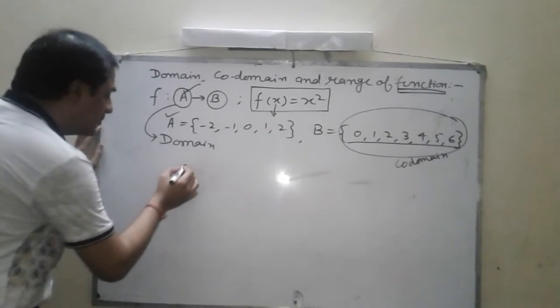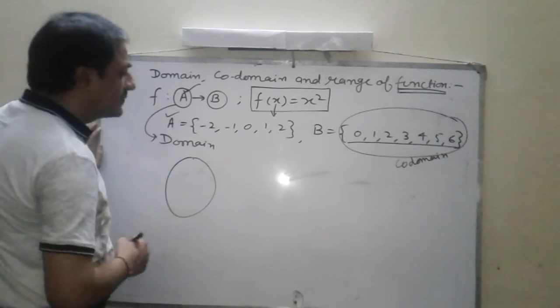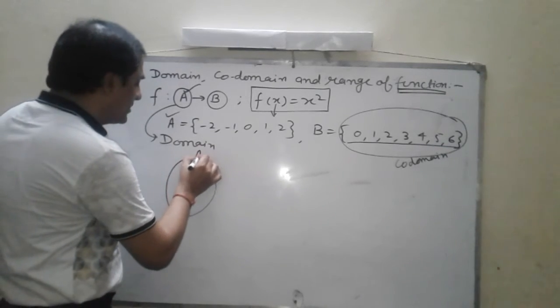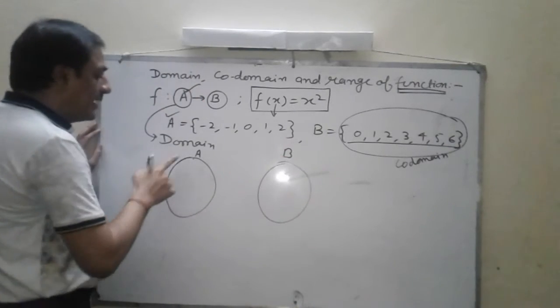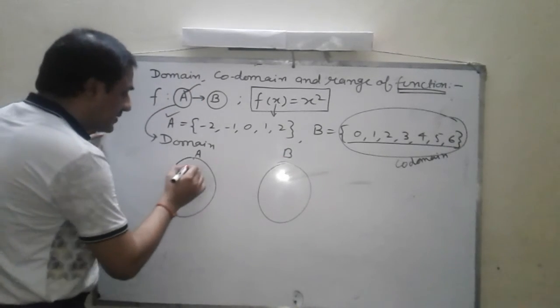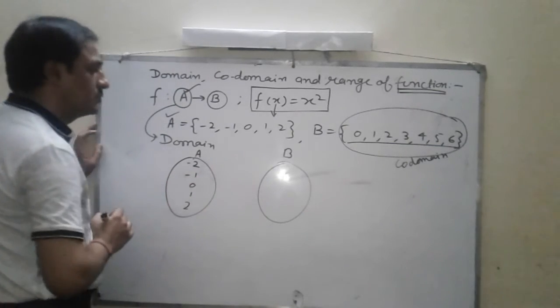Here I am going to represent this function in the form of an arrow diagram. Suppose this is set A and this is set B. The elements of set A are -2, -1, 0, 1, 2.